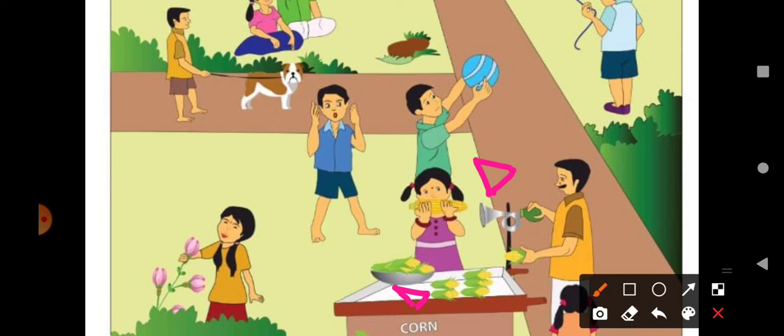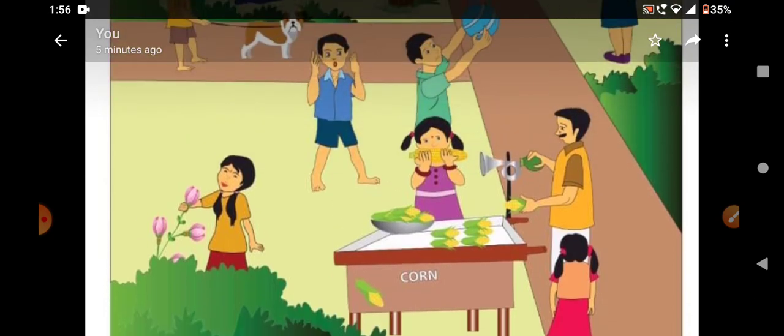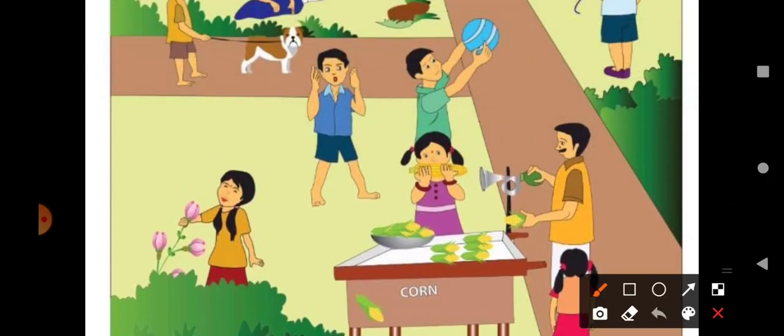square near the objects people touch. Whichever objects people are touching, near those objects we are going to draw a square. See, many things are there. First let us start from this girl. Okay, she is touching the plant and then this girl is holding the corn.